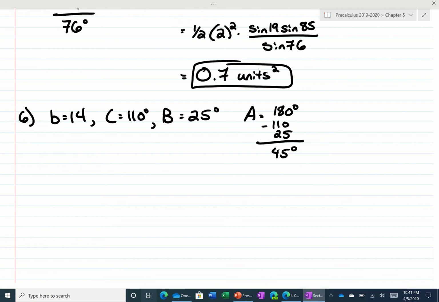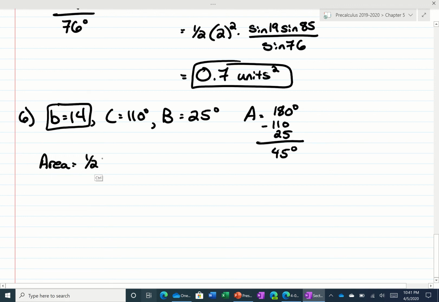Okay, so because we have side B, the formula I'm going to be using is the area is 1/2 B squared. I'm going to put sine of B on the bottom. On top, I'm going to have sine of A and sine of C. As long as we type this in correctly, there should be no issues.